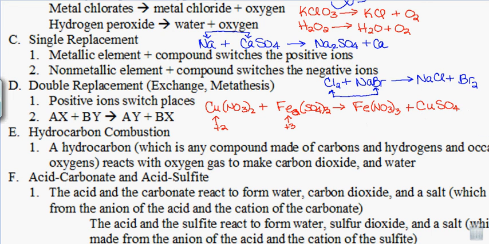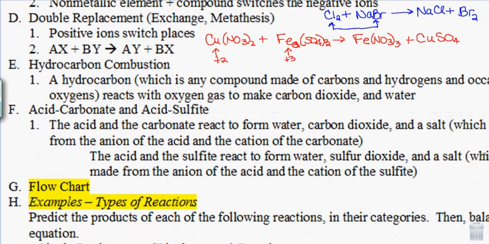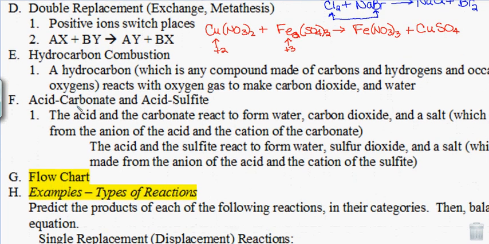Most commonly, if you're going to make a mistake, it's going to be the double replacement being confused with your acid carbonate or your acid sulfite. The reason for that is that your acid carbonate really does look like a double replacement. It starts out as 2 compounds. The problem is it's not going to act like your double replacement.